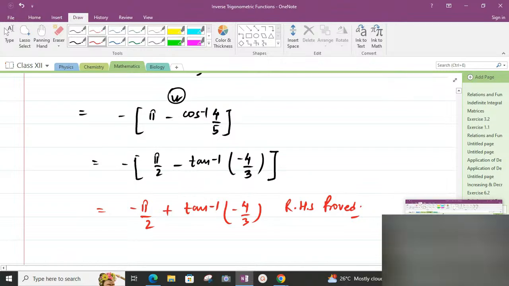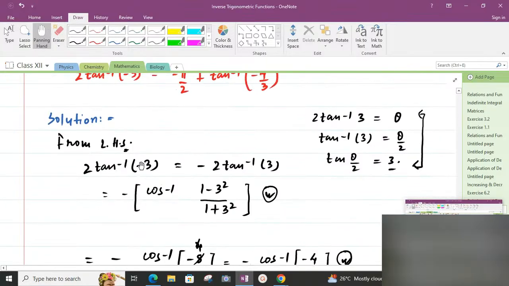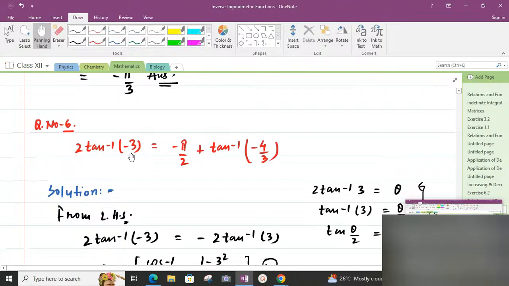We can apply many methods to prove this one. Out of many methods, this is one method. We can also solve this directly by putting the value in degrees. Here minus 3 lies in the second quadrant, and if we put tan inverse minus 4 by 3 equal to theta, then tan theta equal to minus 4 by 3, and we equate both sides.